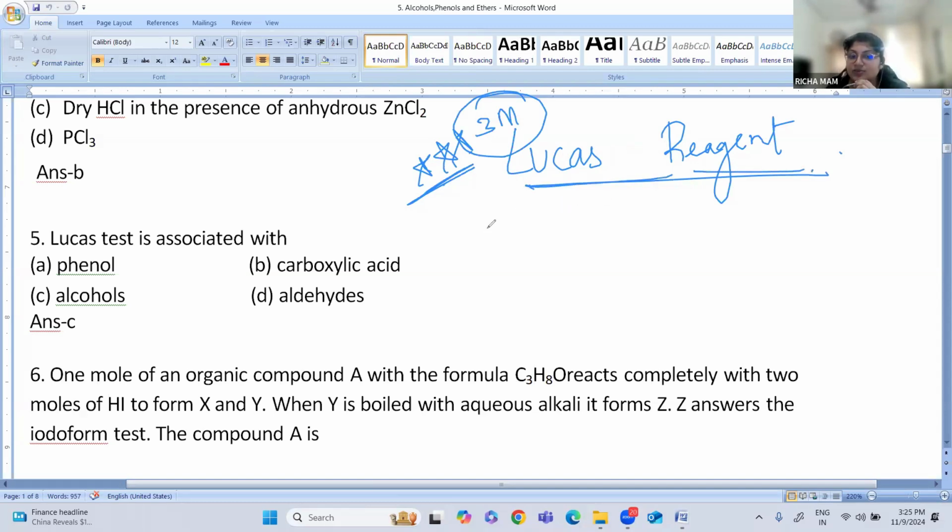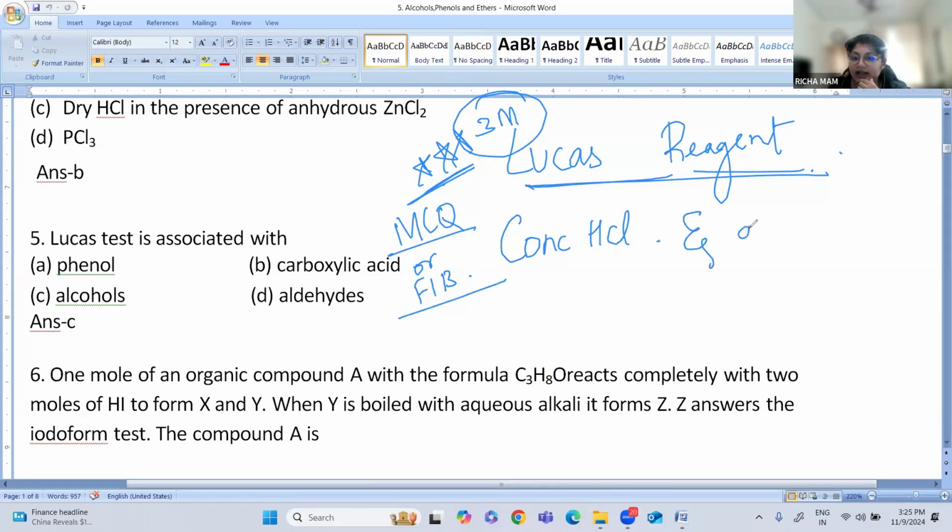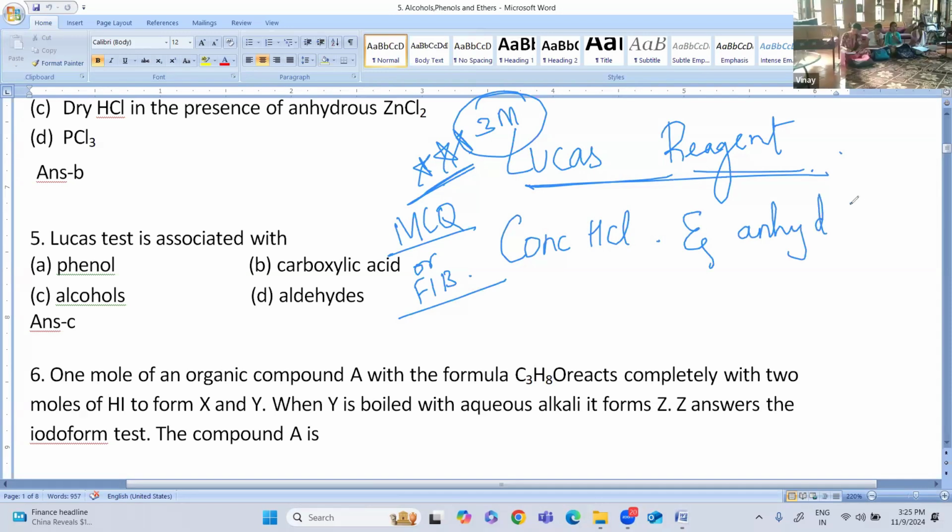So what is the Lucas reagent? Very important, please make a note. It can be asked in MCQs or as fill in the blanks. Lucas reagent is concentrated HCl and anhydrous ZnCl2.